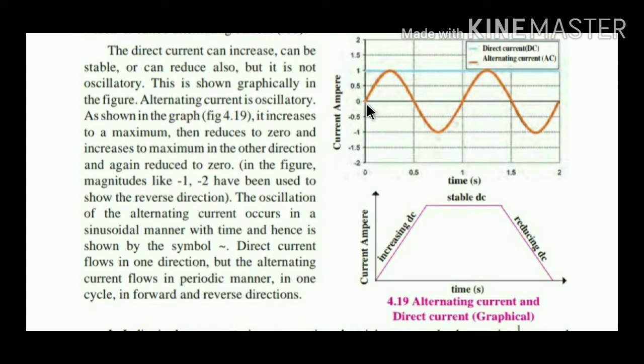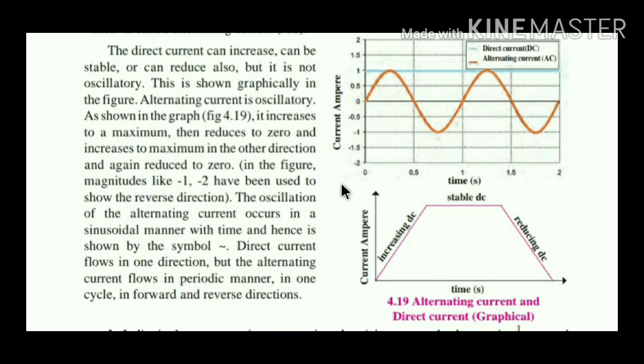That means first it is maximum in this direction, again 0, then maximum in another direction, again 0, and again maximum. It happens periodically. So these are the differences, and how alternate current and direct current flow is shown graphically in this figure.